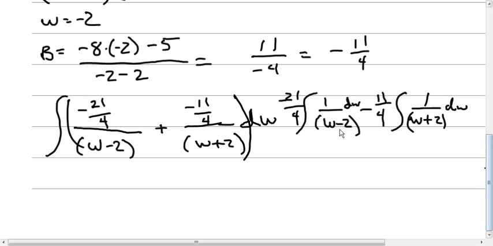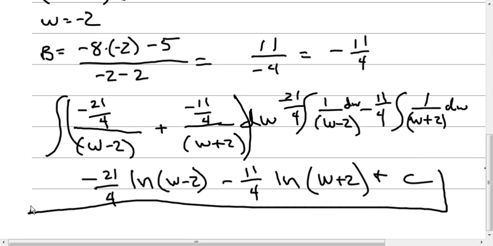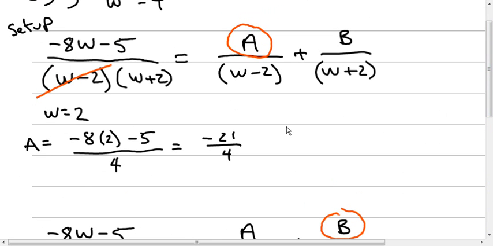And that is very easy to solve. It's just minus 21 fourths natural log of W minus 2, minus 11 fourths natural log of W plus 2, plus a constant, and there's our answer. The answer really wasn't in doubt. It was all a matter of correctly doing this cover-up technique.